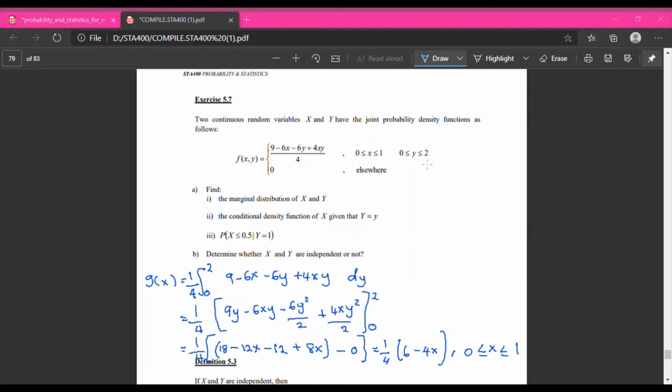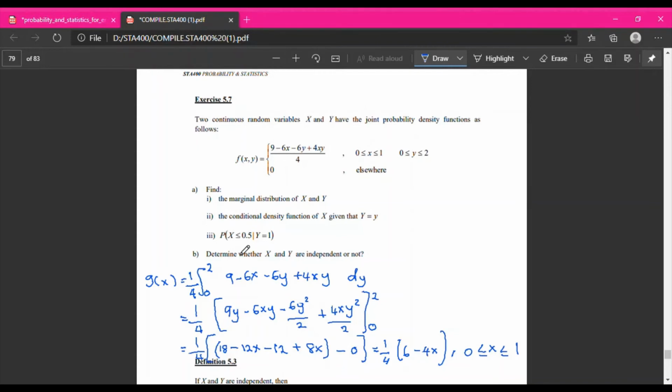Sorry, in front here there is 1/4, right? Okay, divide by 1/4 (6 minus 4y). So the conditional function will be 9 minus 6x minus 6y plus 4xy divided by 6 minus 4y. So this is the conditional function of x given y that we have.